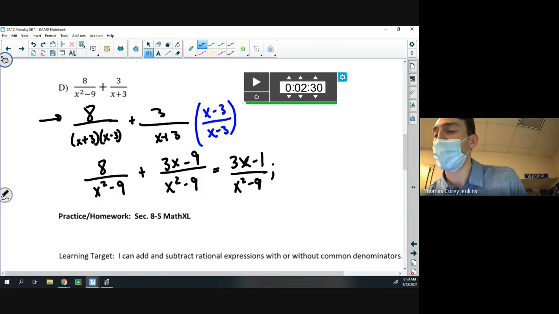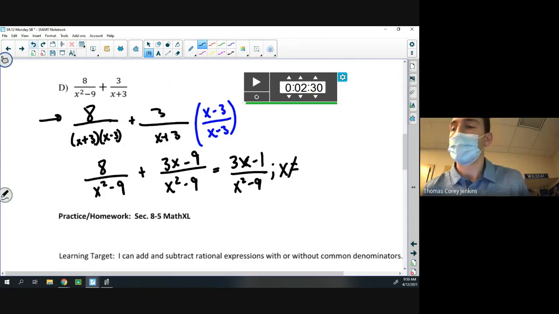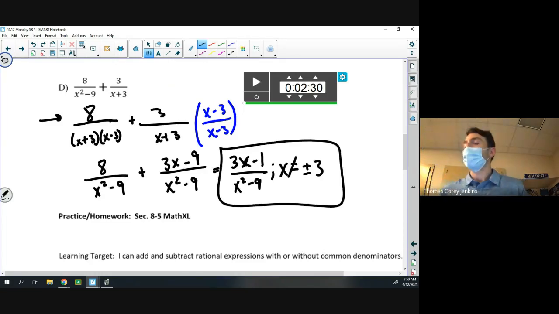And we want to say that x cannot be, think about factored form here, x can't be plus or minus 3. All right, so that's what one looks like that would involve some factoring.